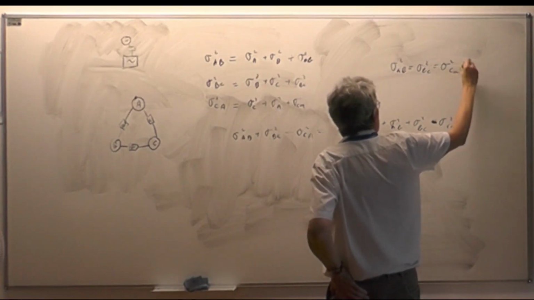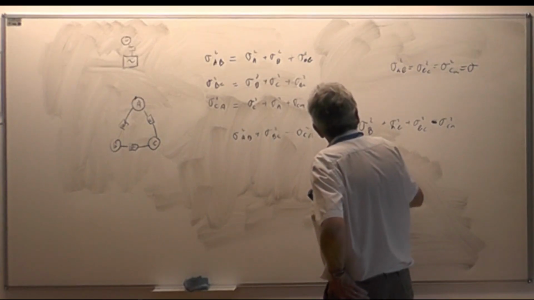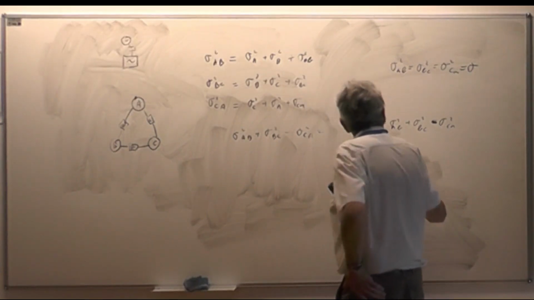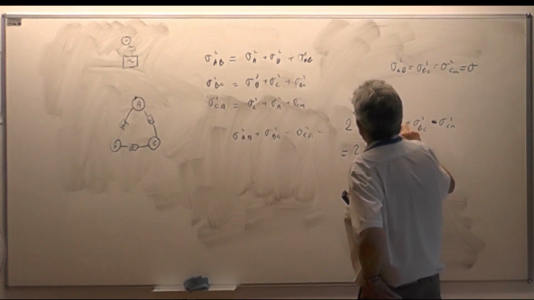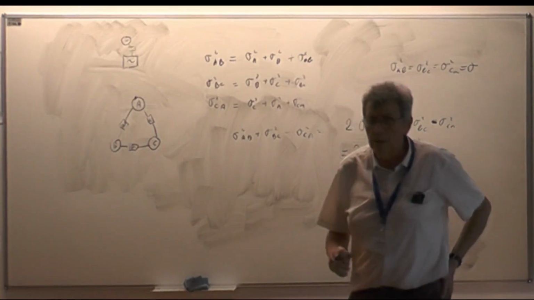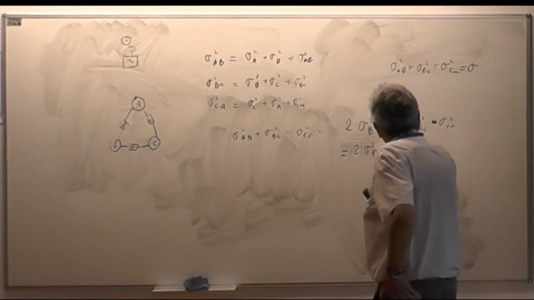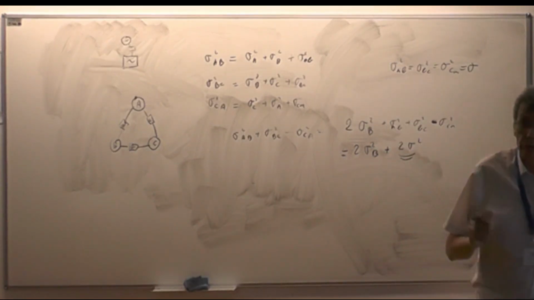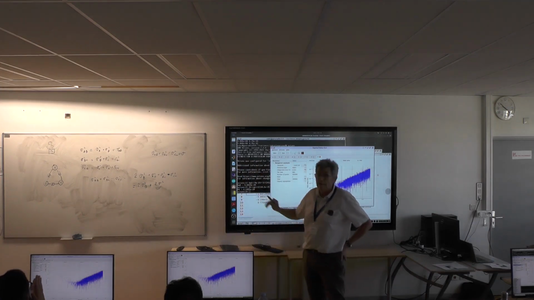I will call it sigma, and we get 2 sigma square B plus sigma AB, sigma BC plus 2 sigma square. Okay? So in this case, if you neglect the noise of the counter, you are able to retrieve the Allan variance of the clock B.